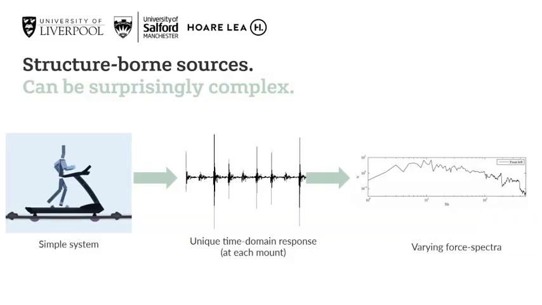And when assessing this type of source, if we were to stick with the treadmill example, you might be tempted to idealise it as a single degree of freedom, i.e. a mass on a spring. And it certainly has all the elements that you might expect in such a system.